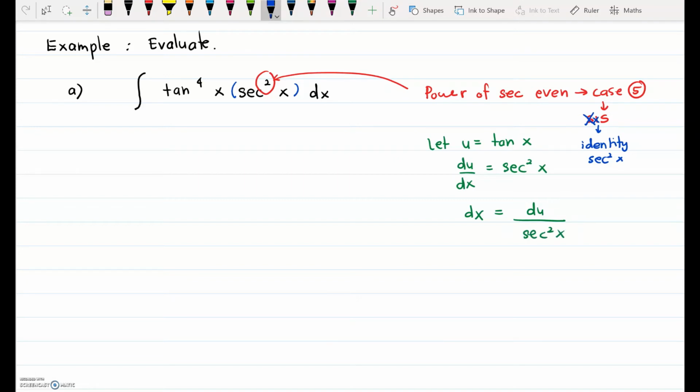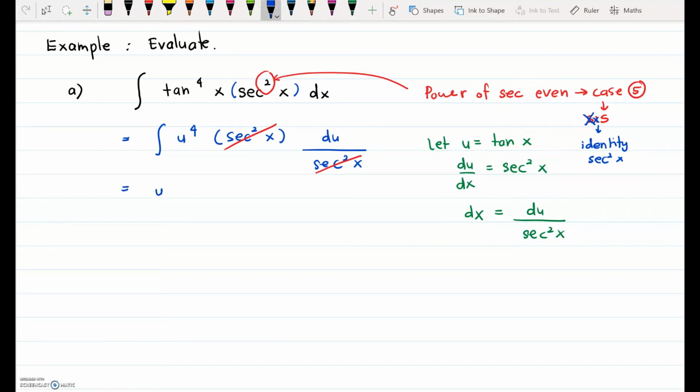Next, substitute in your question. We will have the integration of u to the power of 4 times secant square x, and your dx is du divided by secant square x. We can cancel off the secant square and integrate u to the power of 4.